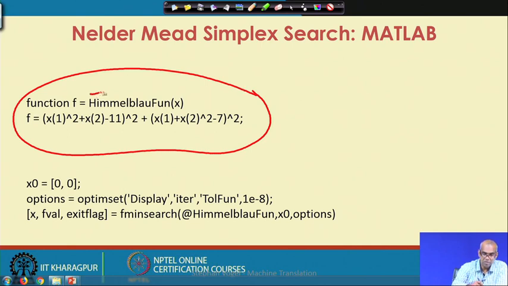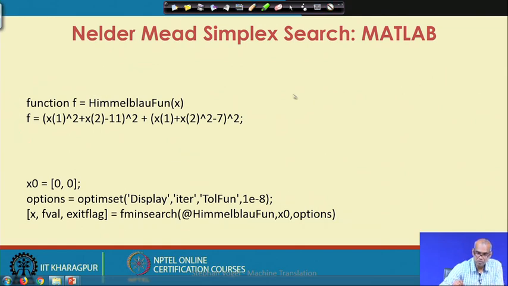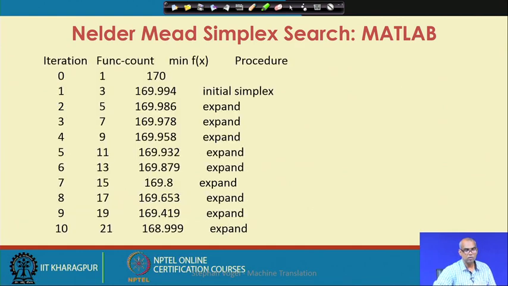This is the name I have given, and then call it as follows: fminsearch at the function name Himmelblau fun, comma x0 is the initial starting point, and options, where you ask MATLAB to display the results iteration-wise. It is optional. Now if you run this code, you get this result.